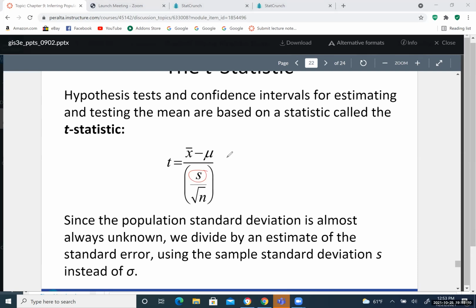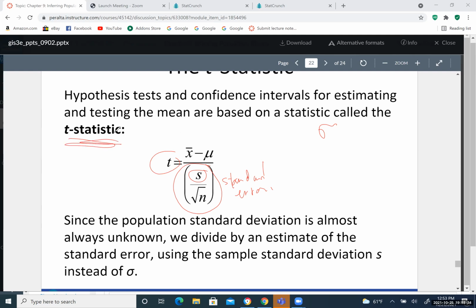The standard error that you learned previously, they provide you this, right? Instead of the population standard deviation, when they provide you a small s like that, we still call this the standard error anyway. But in this case, you will apply the t-statistic.